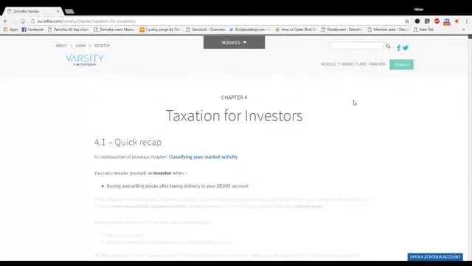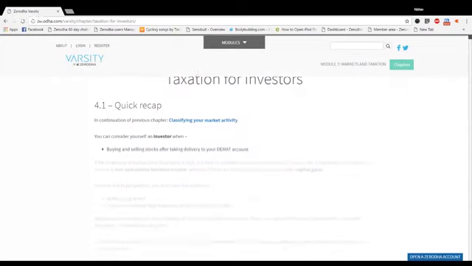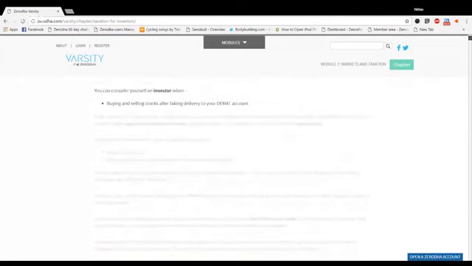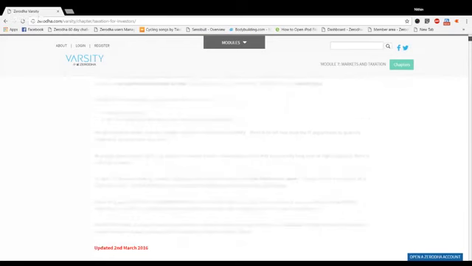Now coming to investors, this chapter talks only about how taxation works if you have only capital gains. As I said, any stock that you buy and take delivery of is considered a delivery trade, so you can show any gains made from it as capital gains.